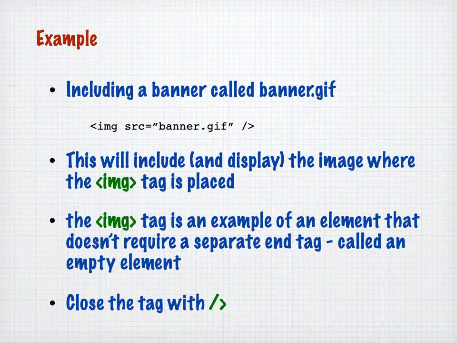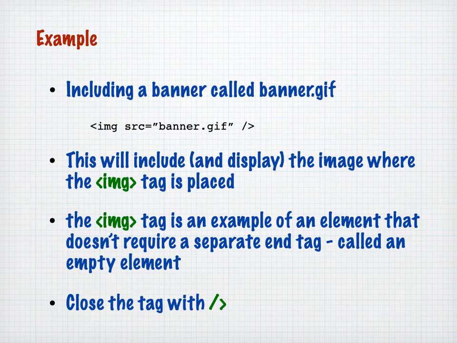Now this tag is an example of an element that doesn't need a starting tag and a closing tag, sort of start and end tag. It's a single tag. Often these are called empty elements, but it's not a phrase that I'm going to use much. And what you can see is we actually close the tag, the single tag, by putting a / at the end.